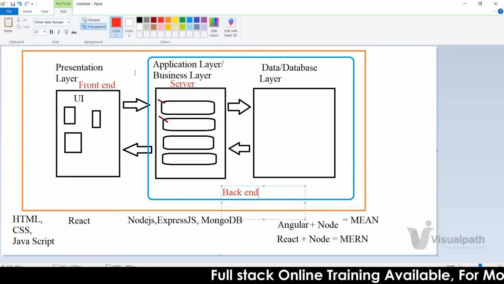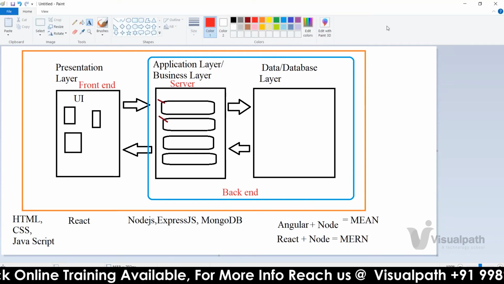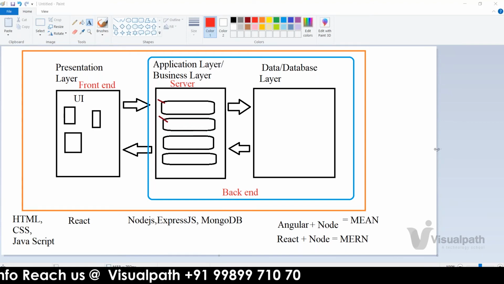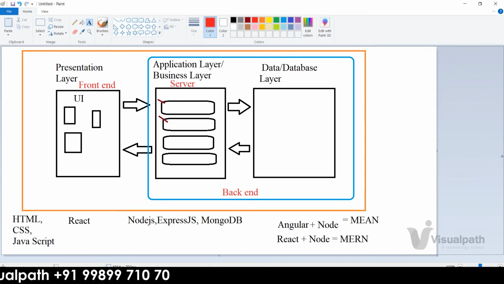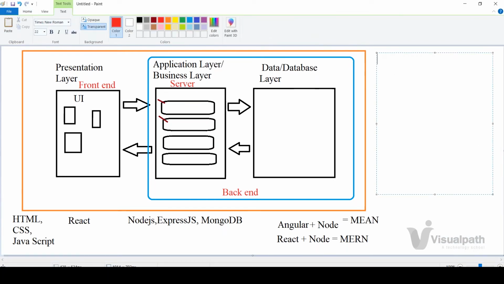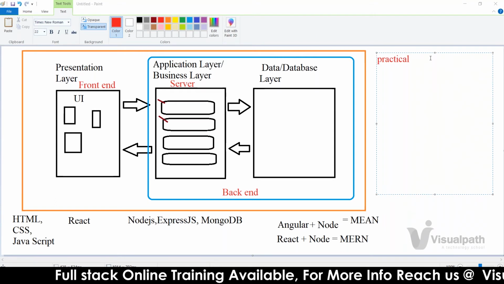Right. Now, once we start with our course and our learning, everything will be practical, guys. It is not like I'll be teaching you some concepts and leaving. Nothing will be like that. Everything will be a practical approach here.